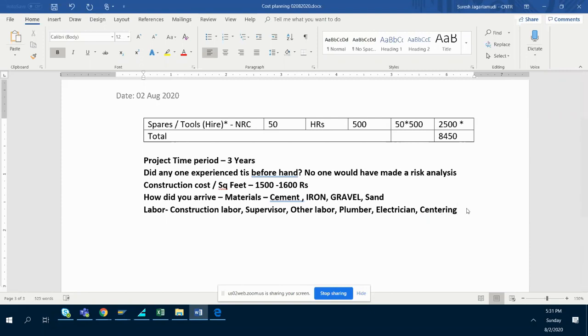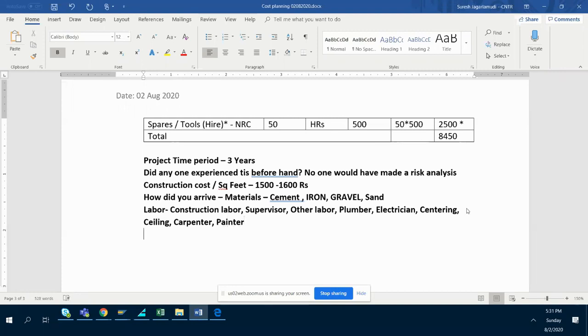Then ceiling, carpentry, electrician, painting, painter. Okay, there are certain other labors.